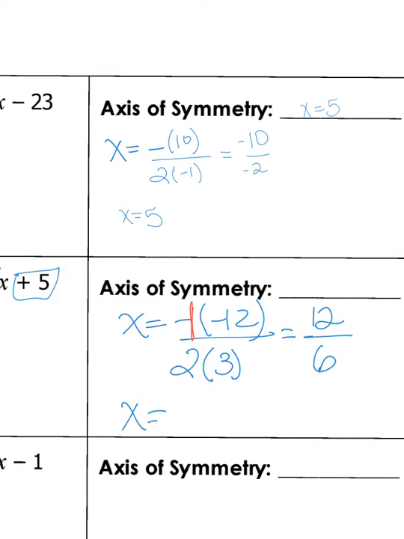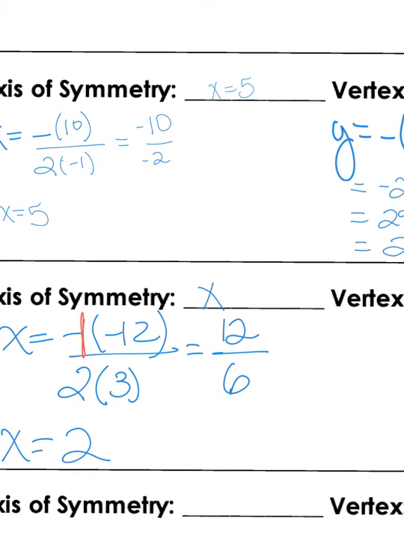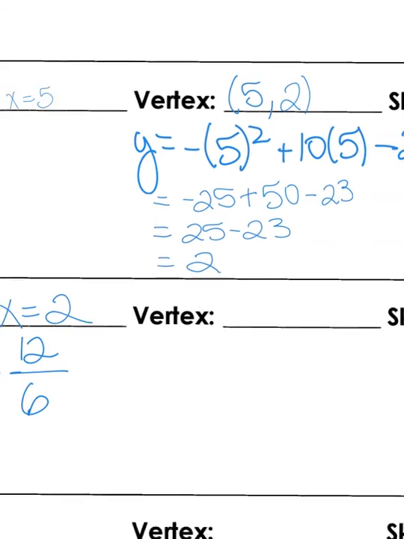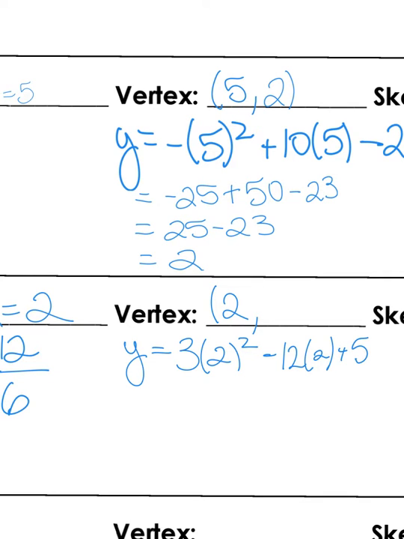So my axis of symmetry is x equals 2, which means the x value of my vertex is 2. So I'm going to plug it back into my original equation. So y equals 3 times 2 squared minus 12 times 2 plus 5.